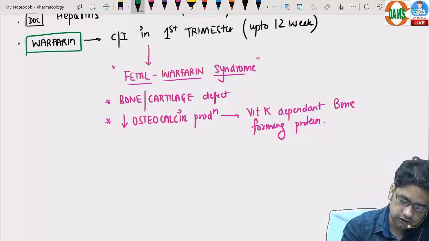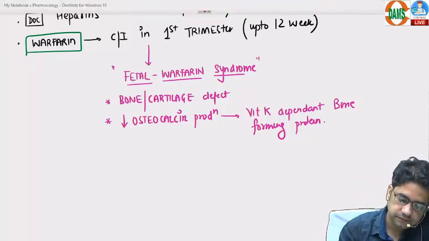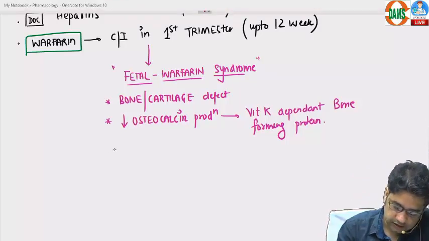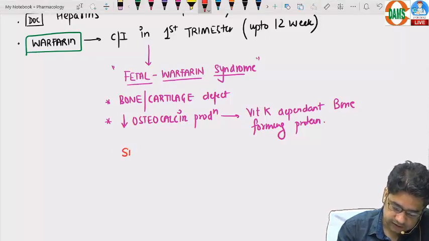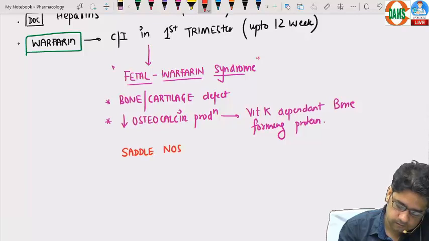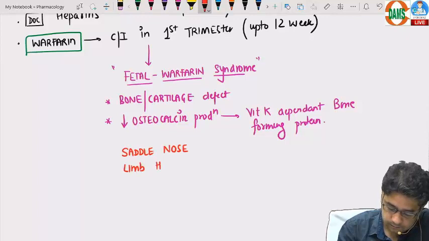So what are the features? Features of that child will be saddle nose, limb hypoplasia, and microcephaly.